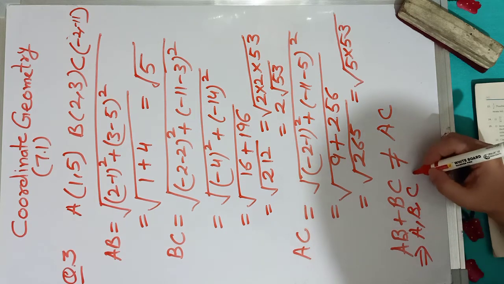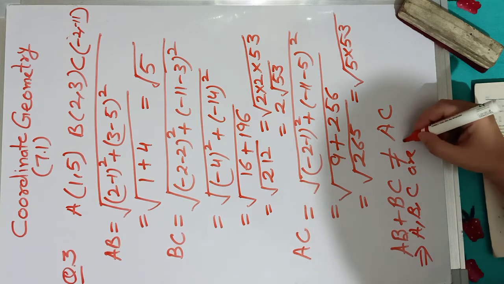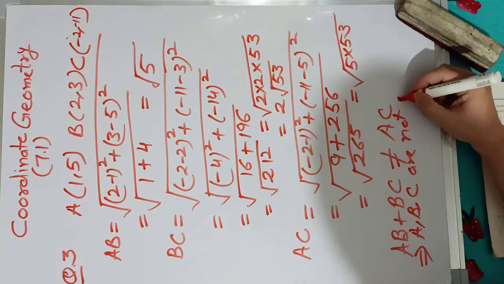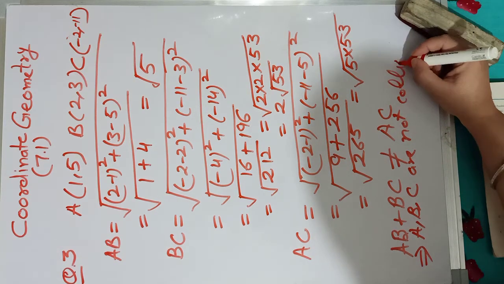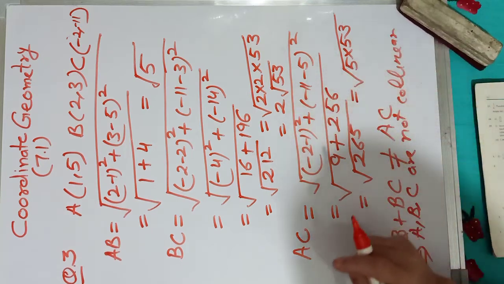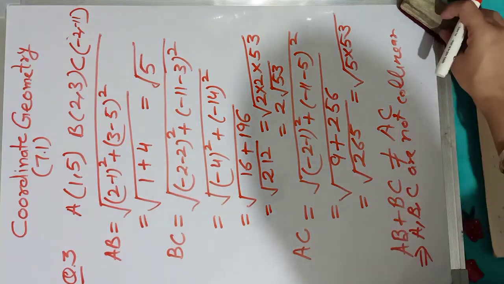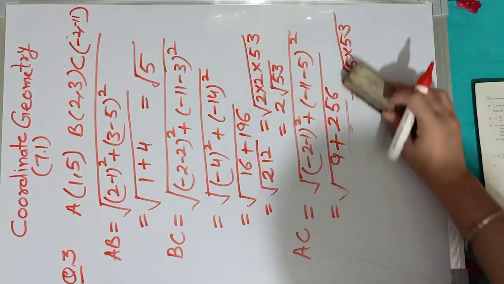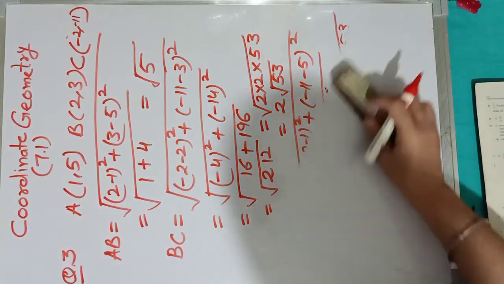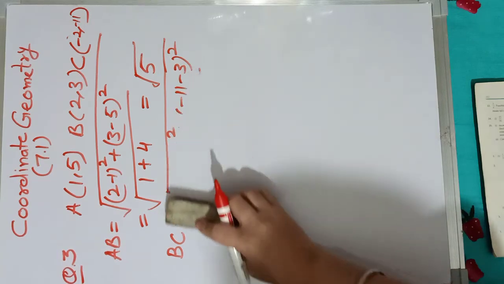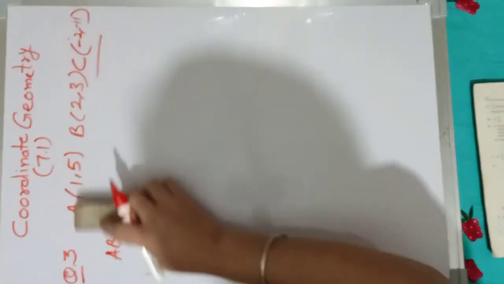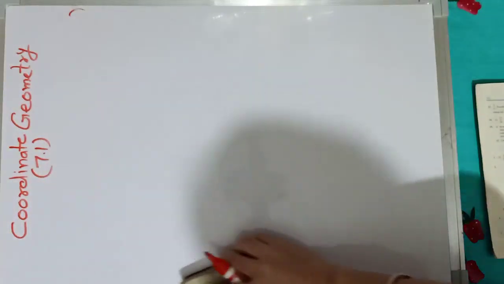A, B, C, it means the points are not collinear as the distances do not add up. Clear?